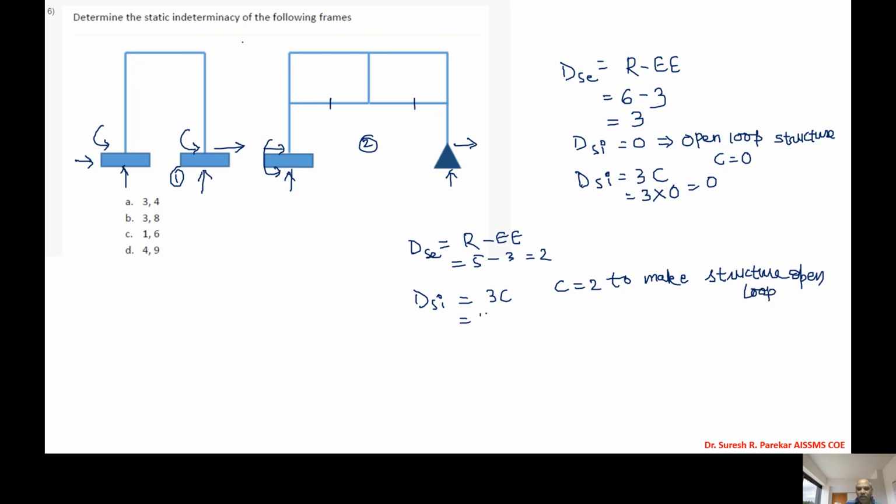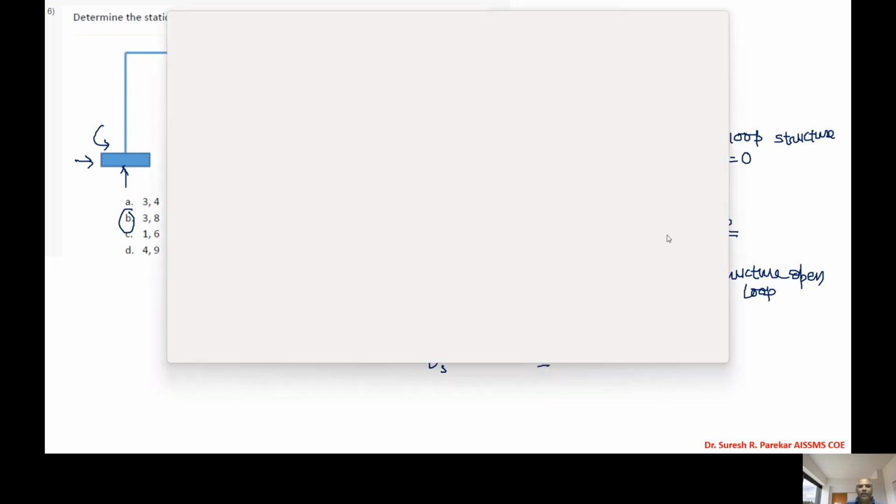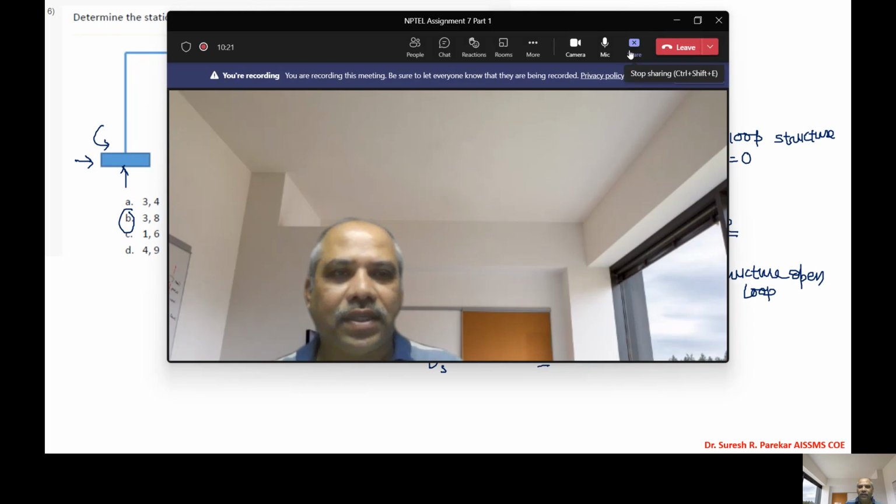And therefore 3 into 2, so we have 6, and DS we have 2 plus 6, which is equal to 8. And therefore we have 3 and 8. Option is B, 3 and 8. For the first, we have DS equal to 3 plus 0, which is 3. So 3 and 8. So these are the questions from NPTEL assignment 7.